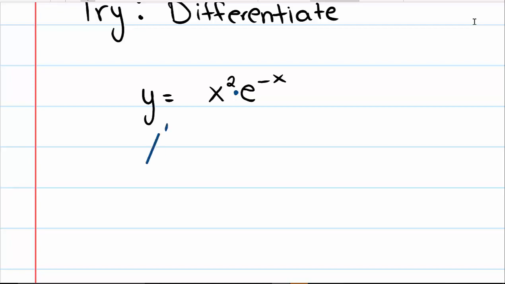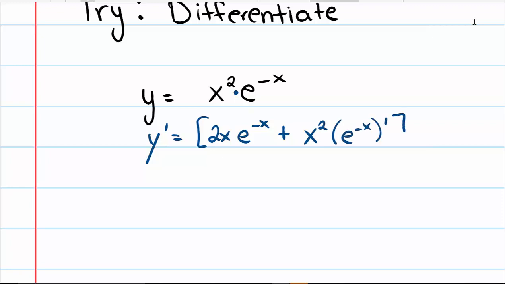So you get y prime is equal to the derivative of the first, which is 2x, times e to the negative x, plus the first times the derivative of the second. So I'm going to take a step to write just the derivative of the second. So y prime is equal to 2x e to the negative x plus x squared.